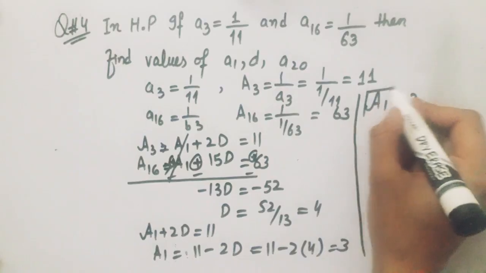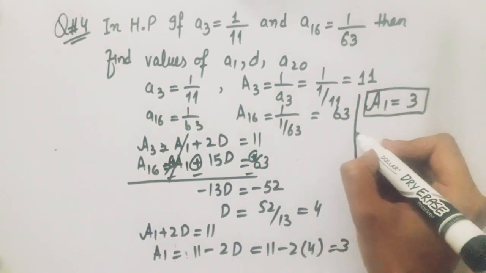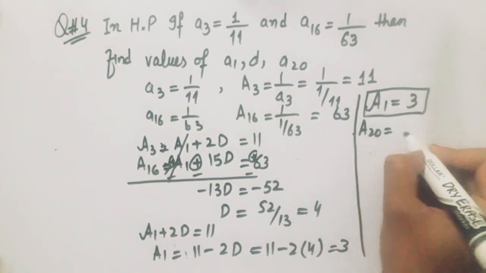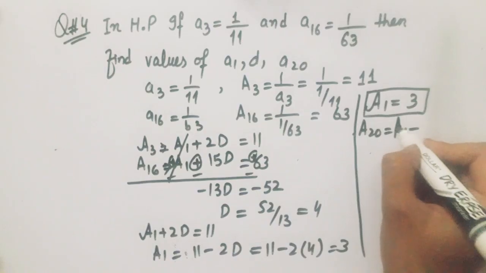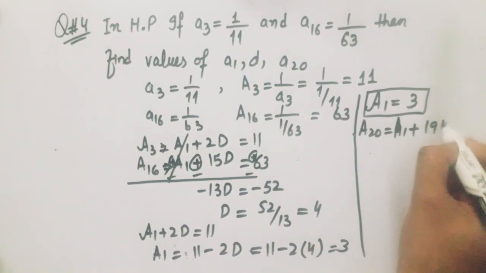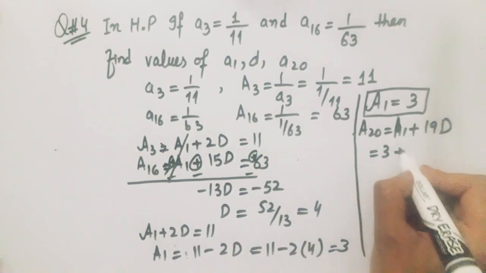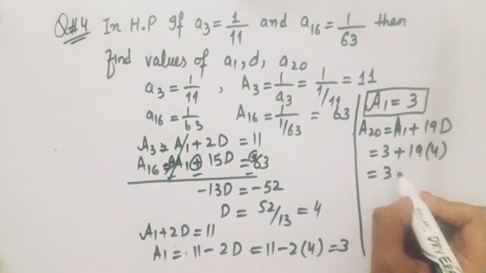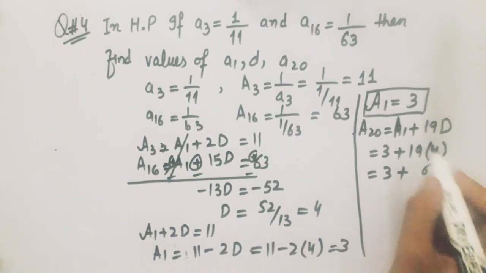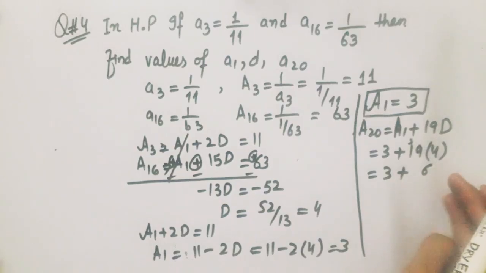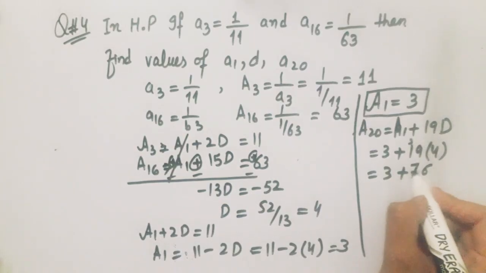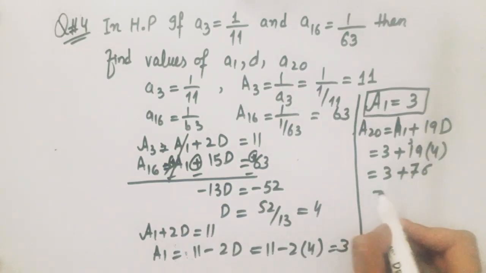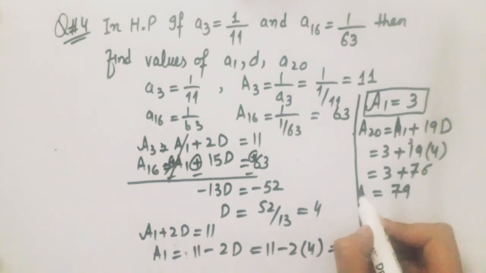Now you will find the value of A20, which is equal to A1 plus 19D. A1 is 3 plus 19 into D, which is 4. So 3 plus 76, which is equal to 79.